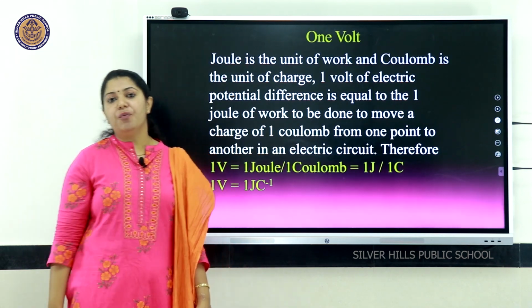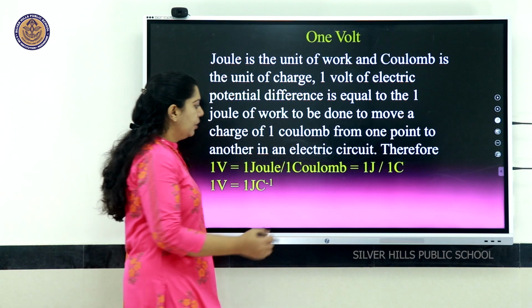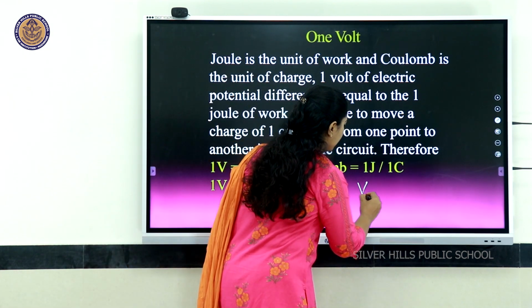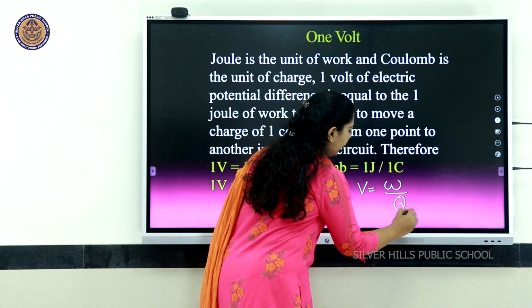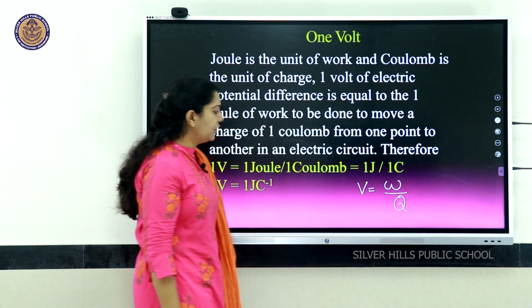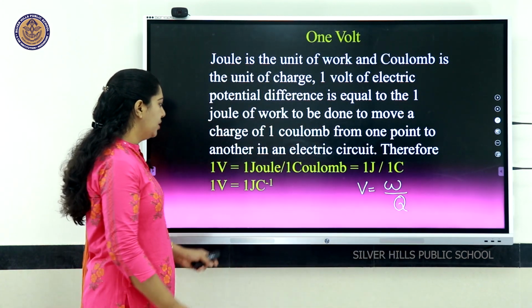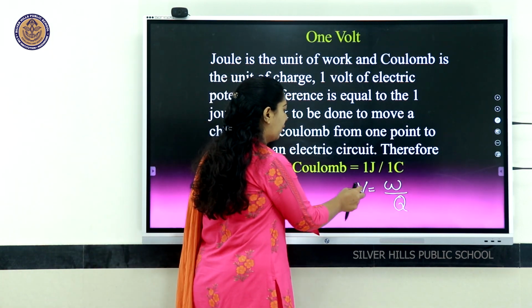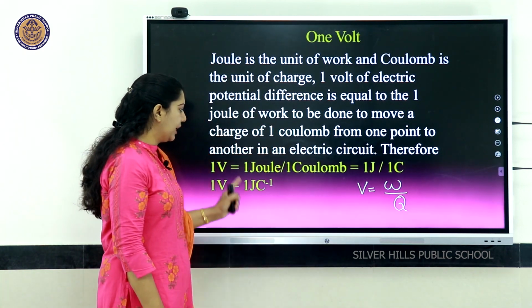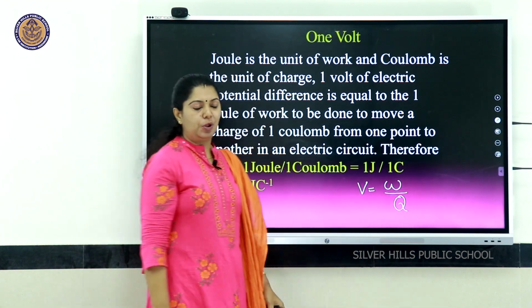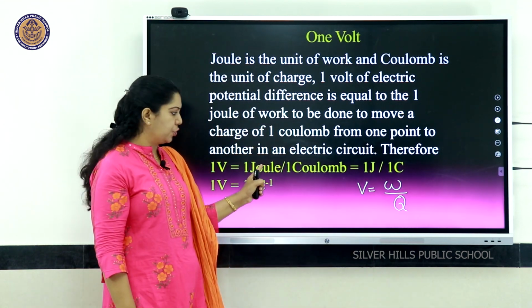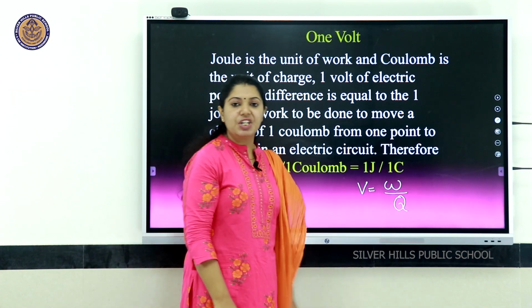We can define 1 volt. You know the equation V is equal to W divided by Q, where W is the work done and Q be the quantity of charge. If you want to write it as 1 volt, then we can say that the work done should be 1 joule. The unit of work done is joule and unit of charge is coulomb.